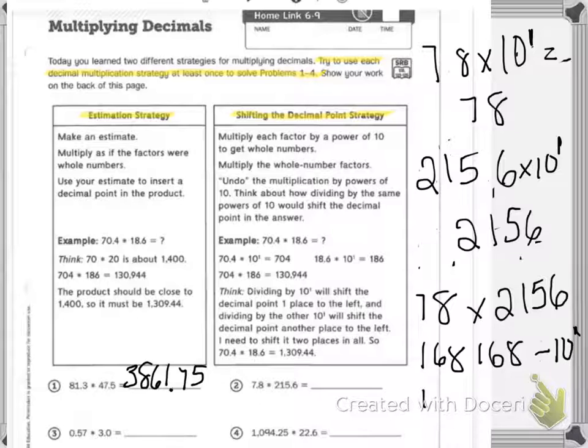So now I have 16,816 and 8/10, and I have to divide one more time. So then I get 1,681 and 68/100ths.